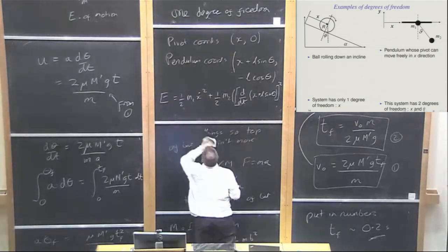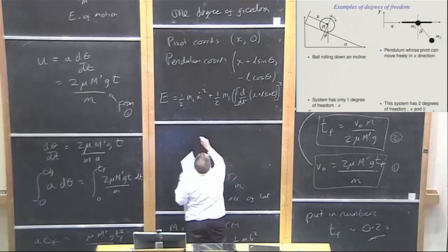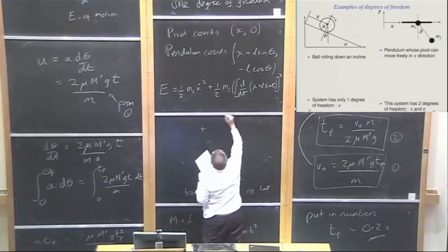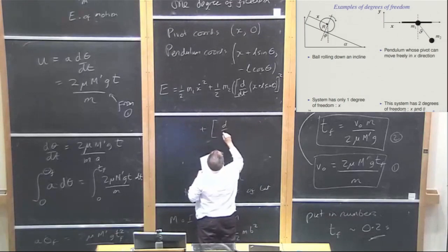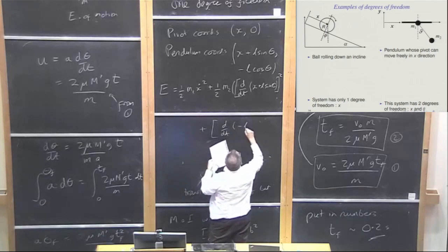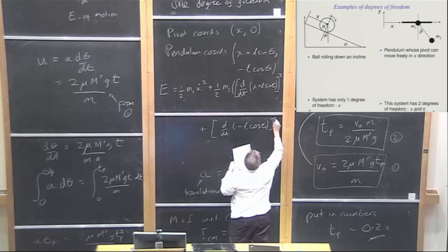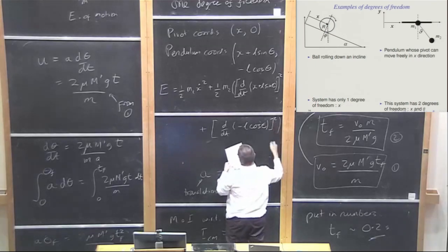And then there'll be a contribution from the y case. So that will be d by dt of minus L cosine theta, all squared. Okay.